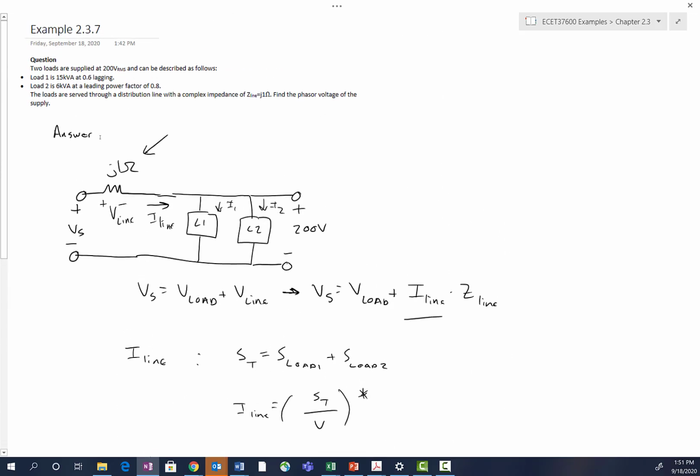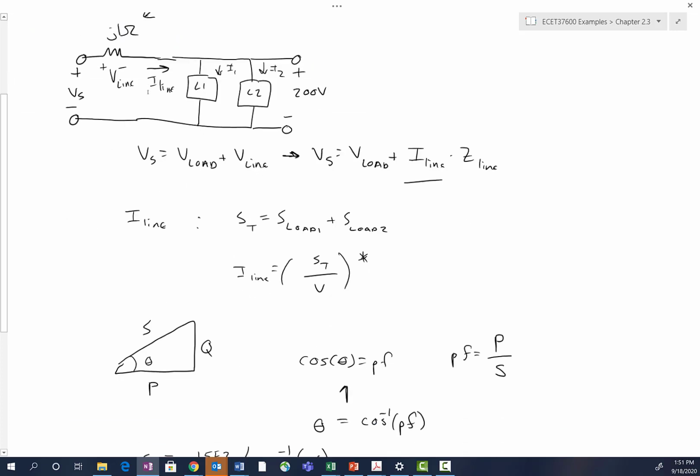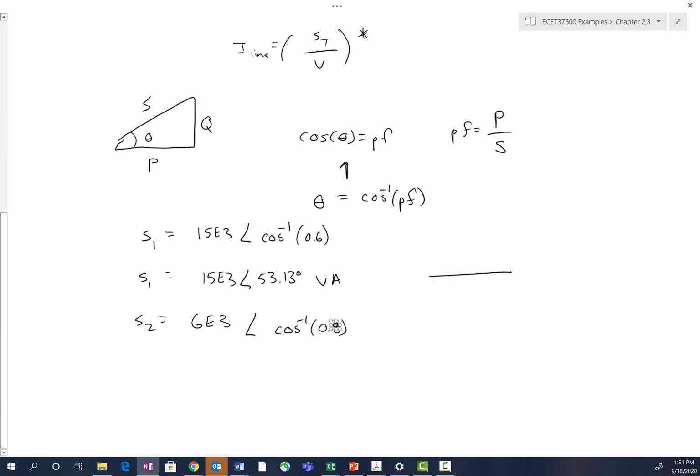But we see that we've got a leading power factor for load 2, which means its power triangle looks like this instead. And so what we have to take away from the fact that it's a leading circuit is that the power factor angle in this example is negative.